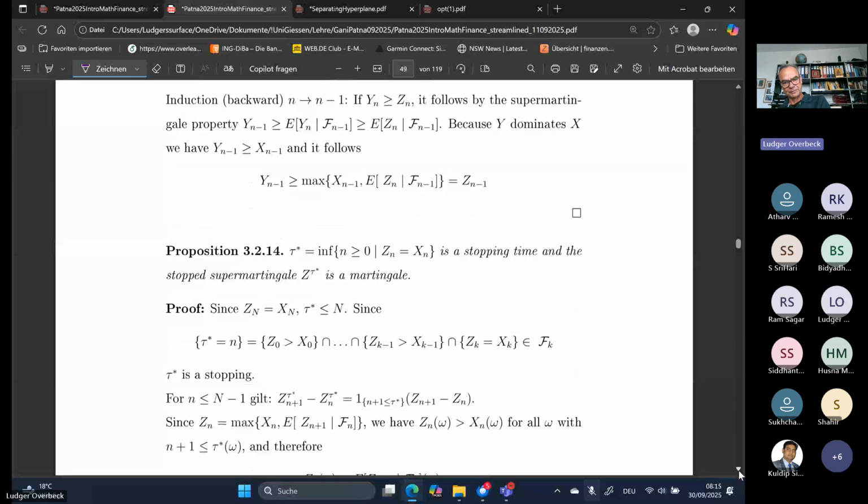If we want to find our optimal execution time in mathematical finance, we use the Snell envelope. The Snell envelope is a minimal dominating supermartingale of your payout function.